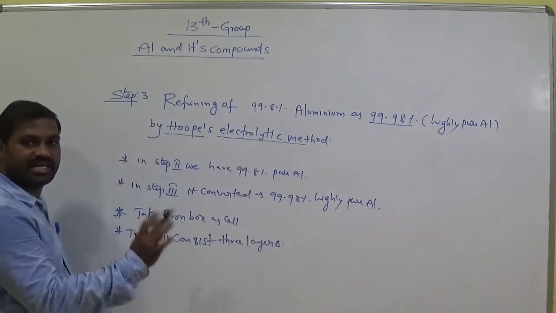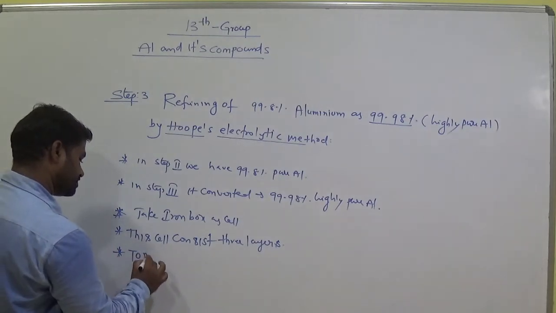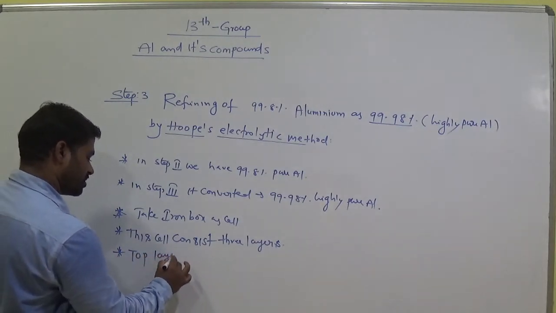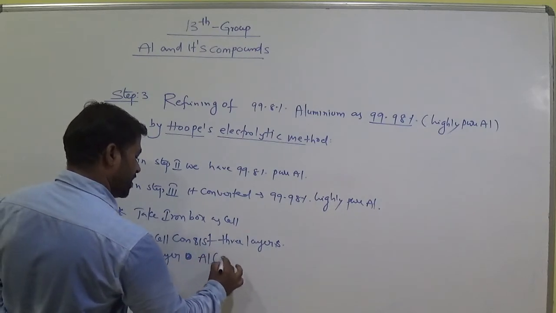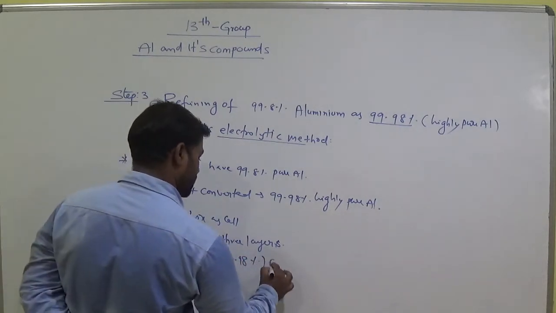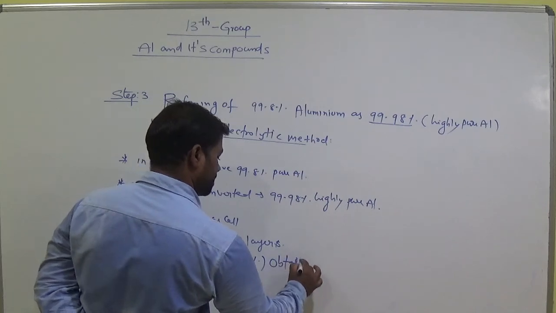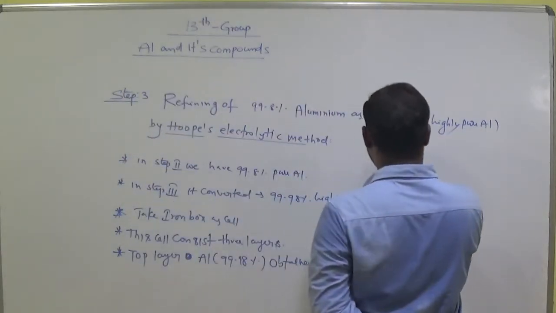In the cell there are 3 layers. In the top layer, aluminum which is 99.98% is obtained.